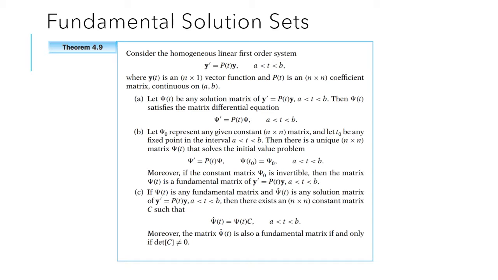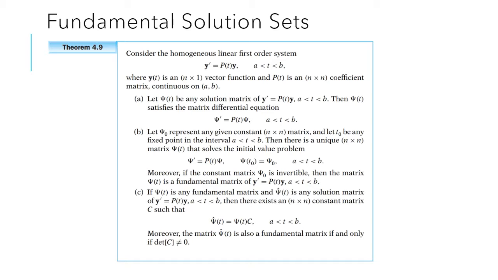The first is, let's suppose that psi is any solution matrix to that homogeneous linear first order system. Then since it's a solution matrix, it satisfies the differential equation. So psi prime is equal to P of t multiplied by psi.